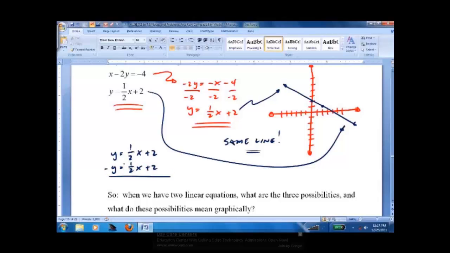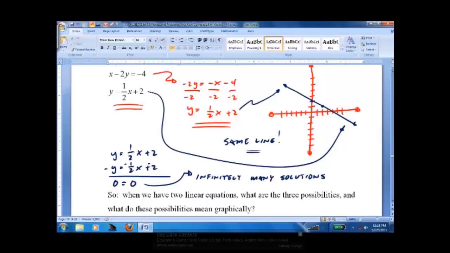I'll just put negative on this one, add down, I get 0 equals 0. So that's the point I made before. If you have something equals the same thing, we know we have infinitely many solutions. Notice it doesn't mean any pairs of number works. It just means there's an infinite number of them.